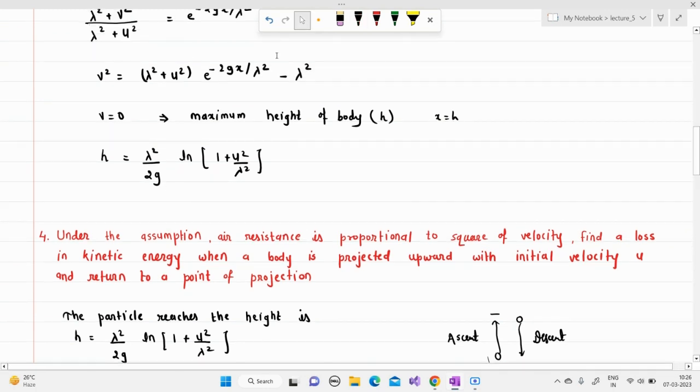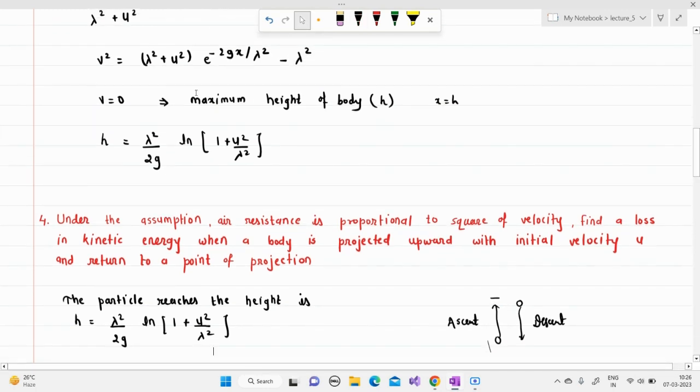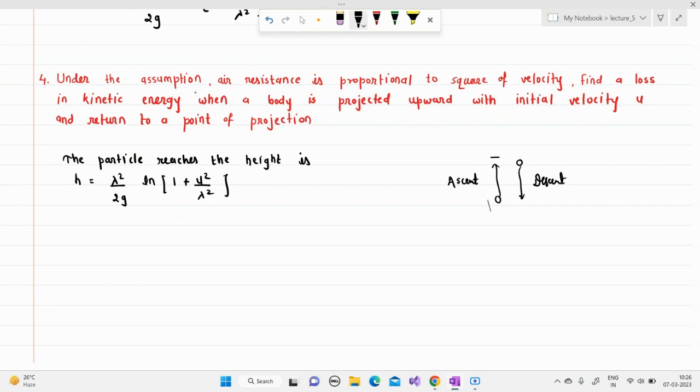Okay, and the velocity term is this one. And this is for the upward motion.